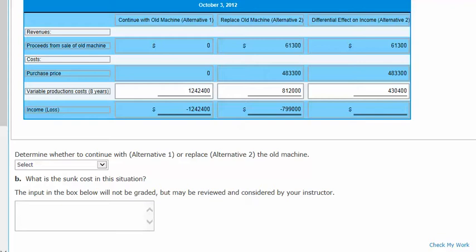Should be $61,300 minus the cost of the new equipment, $483,300, and I'm going to add the savings of $430,400 with the new machine, and that looks like 84,000 or something like that.